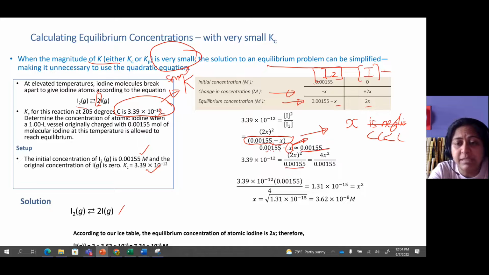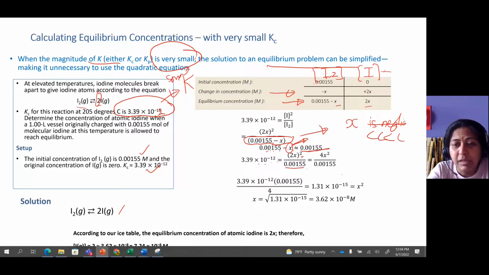Now we simplify this equation to this: 3.39 times 10 to the negative 12 equals 2x squared divided by 0.00155. Now the problem was simplified. Now you can solve that, right?